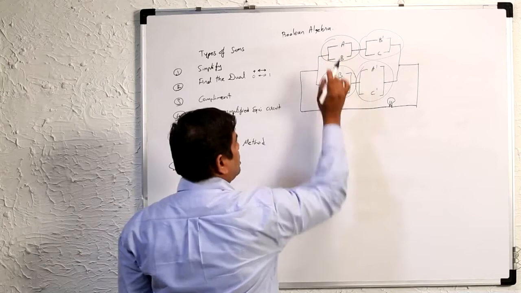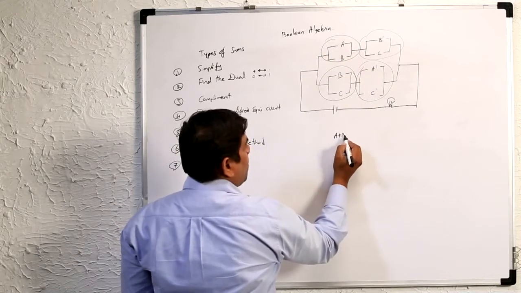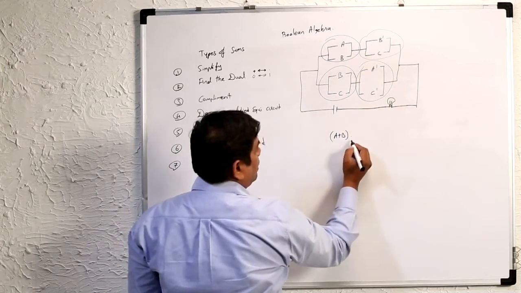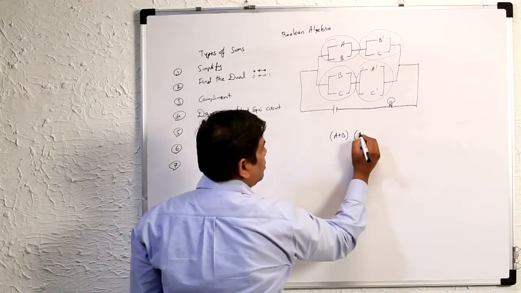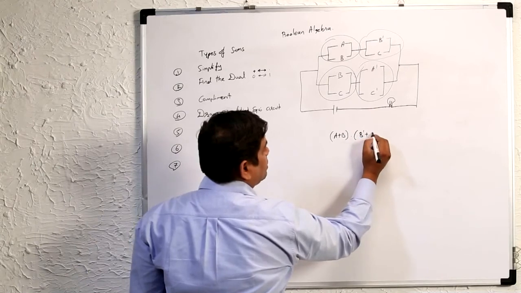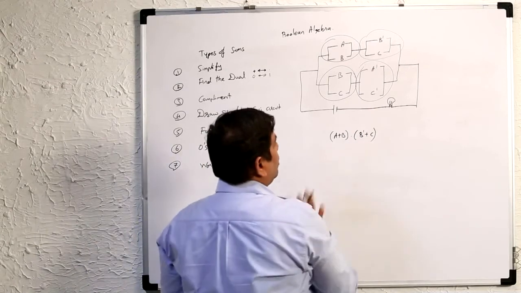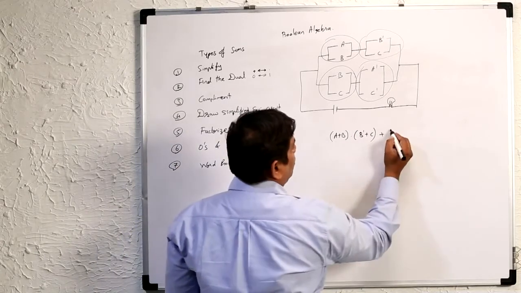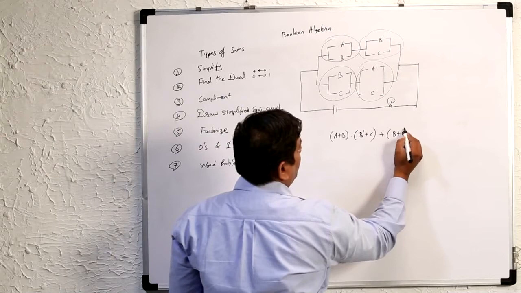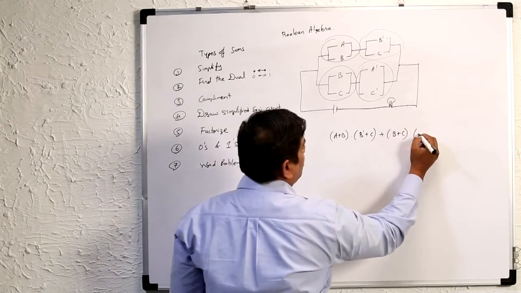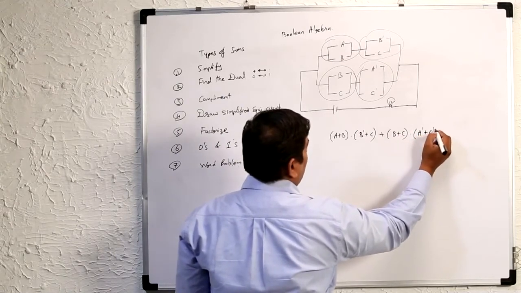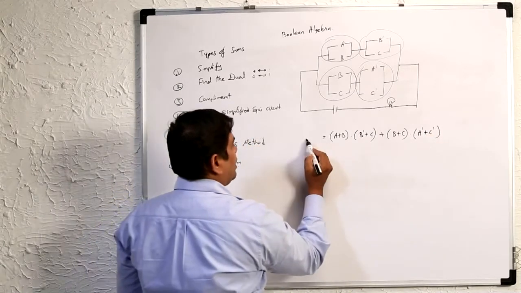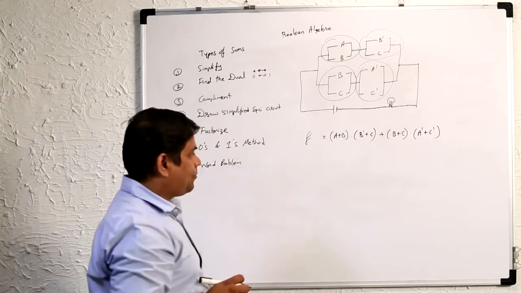Okay, so the first is A plus B, which is getting connected in series, that is dot, with the parallel circuit of B dash plus C. Now the whole thing is getting connected in parallel with B plus C, which is getting connected in series with A dash plus C dash. Okay, so this is your expression, or we can write the function f.